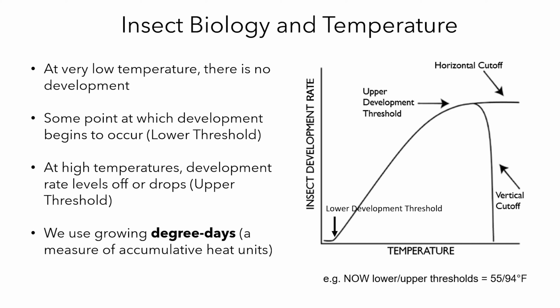There are also some insects that follow the vertical cutoff. That means that once a certain temperature hits, their development basically stops completely. So that's the reason we use growing degree days instead of calendar days to predict the different stages of the insect and their development.